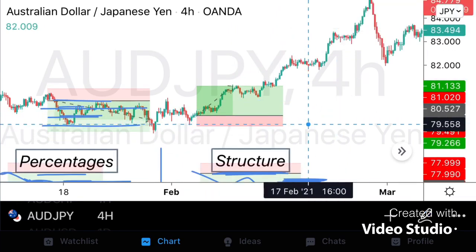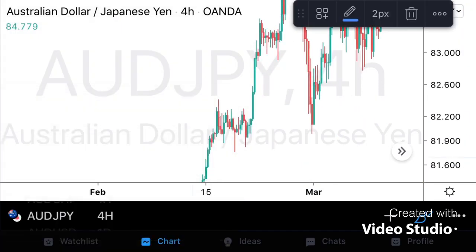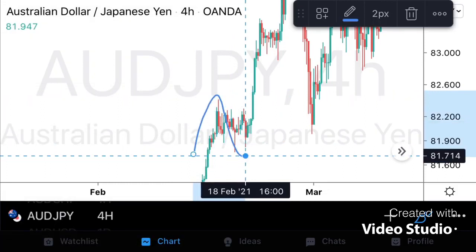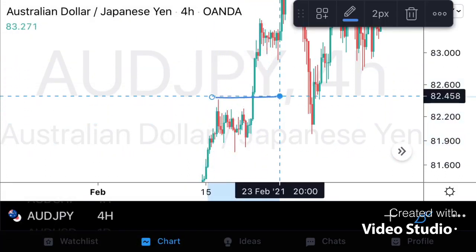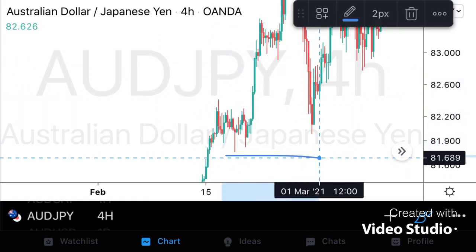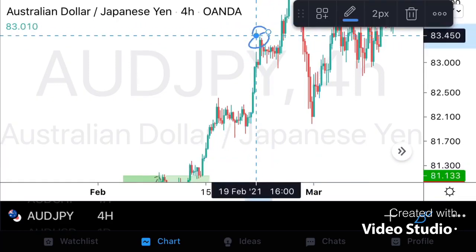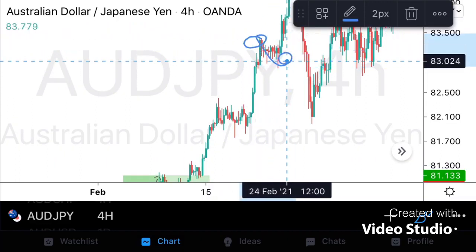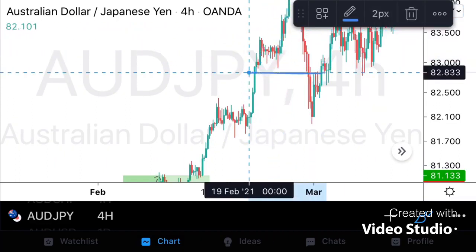We wait for our structure to continue to trend to the upside to give us that higher high and that higher low. Once prices break and close above these structural areas, we trail stops below previous swing lows. Same thing again, when we see that higher high and that higher low being formed, we trail stops below previous structure.